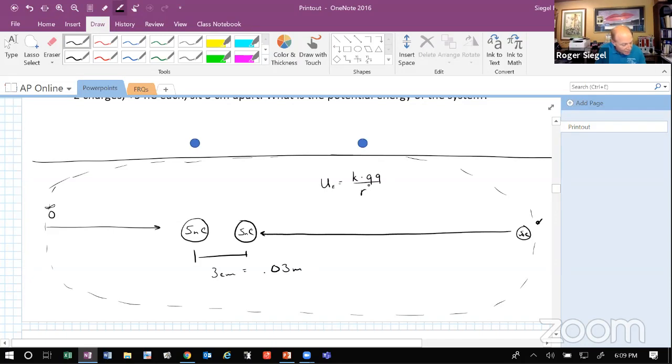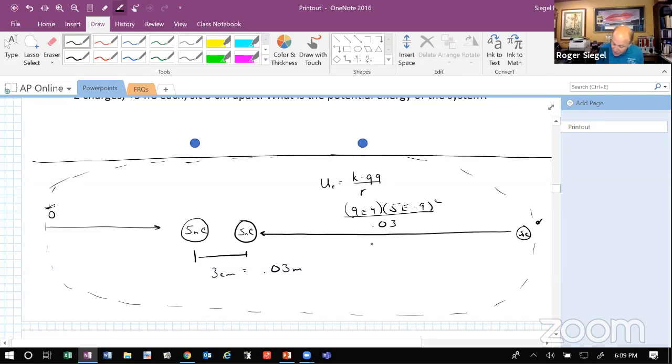And so what we have is k is 9 e to the 9th, times my 2 q's are 5 e to the negative 9th, and I've got those squared. And then my distance is 0.03, okay?